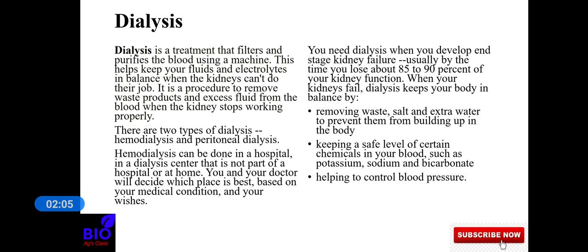You need dialysis when you develop end-stage kidney failure, usually by the time you lose about 85 to 90% of your kidney function.